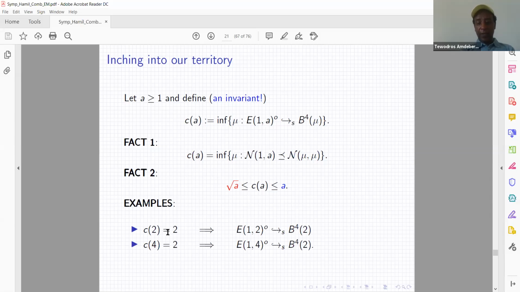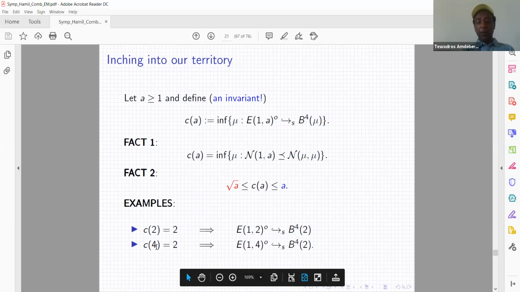What this is telling you, for instance, is that the ellipsoid 1, 2 is embeddable here, but this is absolutely obvious because you just include the ellipsoid inside the ball. There is nothing to do. Then this is a rigid condition. You cannot do better than that. So C of 2 is 2. C of 4 is 2 as well, strangely, because when I considered earlier the numerical sequences 1, 4 and 2, 2, you realize that this is embeddable into this one.